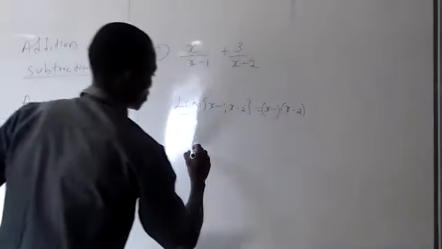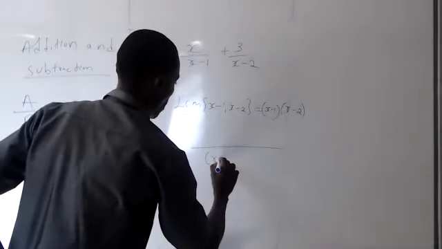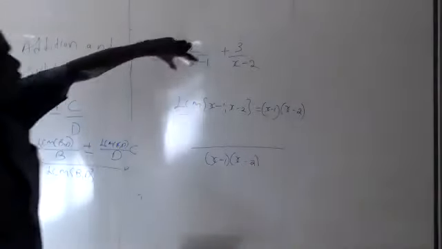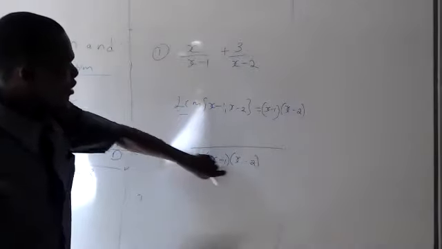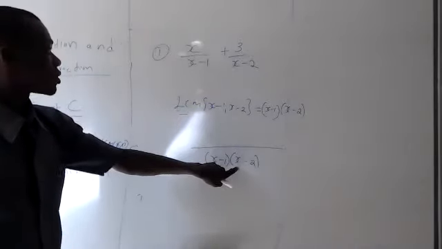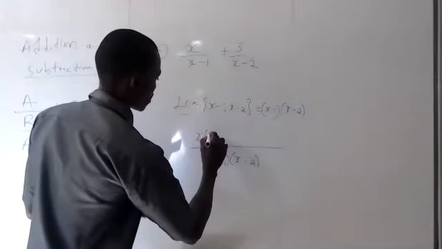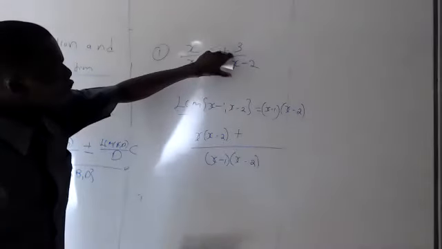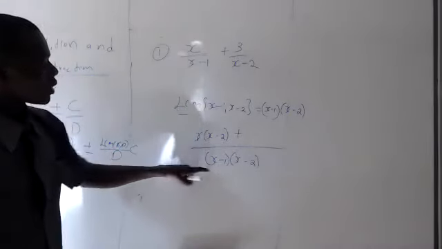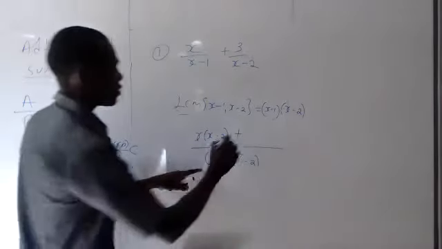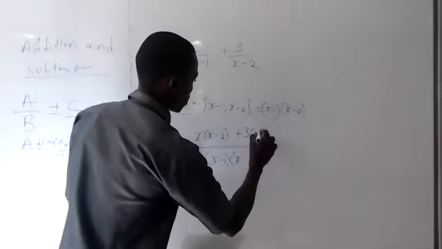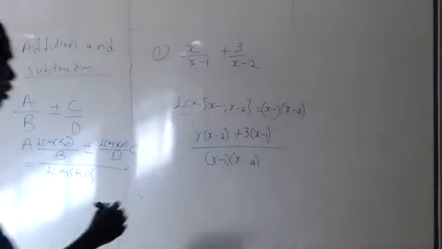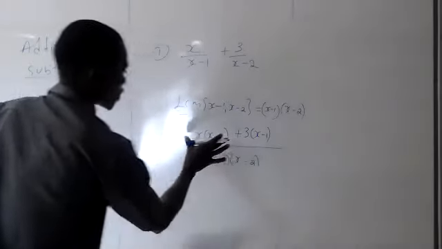Now we want to write this fraction with the common denominator (x minus 1)(x minus 2). So then x minus 1 divides the LCM x minus 2 times, so we will have x times (x minus 2), plus x minus 2 will divide the LCM x minus 1 times, so we will have 3 times (x minus 1). And then now expand this.